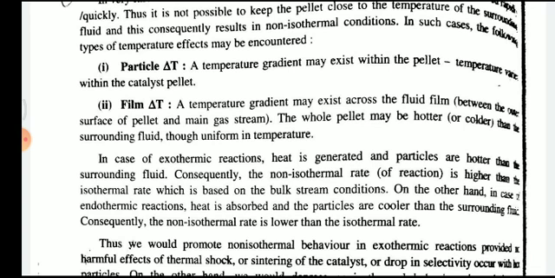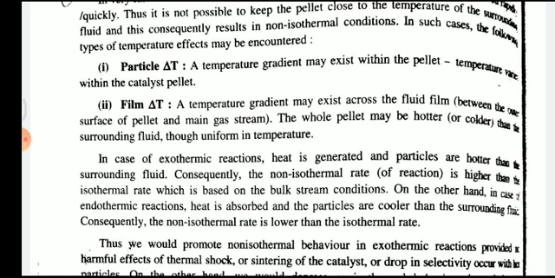In the case of exothermic reactions, heat is generated and the particles are hotter than the surrounding fluid. Consequently, the non-isothermal rate of reaction is higher than the isothermal rate, which is based upon the bulk stream conditions.